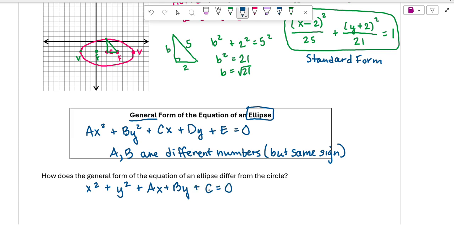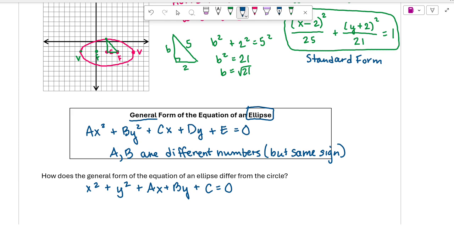It doesn't matter that this one was a and now this one is a. These letters just represent a coefficient, a number in the equation. And notice for the circle, the number in front of the x squared and the y squared term is going to be 1. So when we compare the two equations, for an ellipse, a and b would be different. And that is why it ends up with two foci.